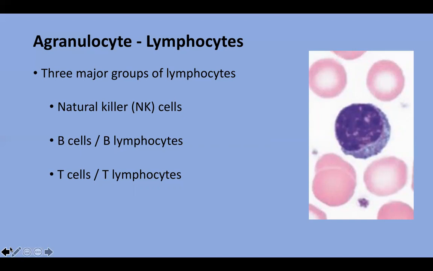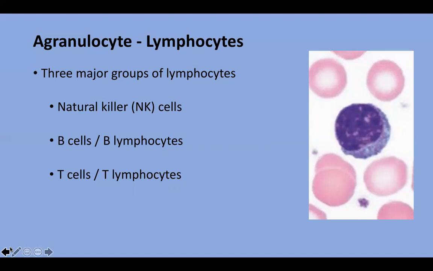Another type of lymphocyte are the B cells or the B lymphocytes, and also the T cells or the T lymphocytes. And when we talked about leukopoiesis, or the formation of white blood cells, we said that the difference between the B lymphocytes and the T lymphocytes is where they are going to undergo maturation.